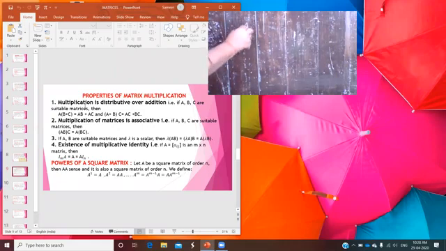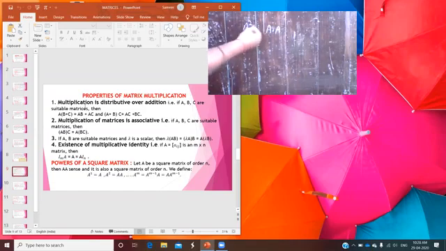The meaning of A square is A into A. It means you have to write the matrix A two times, and then follow the same process you already used for multiplication of two matrices. Then you are able to find the value of A square.